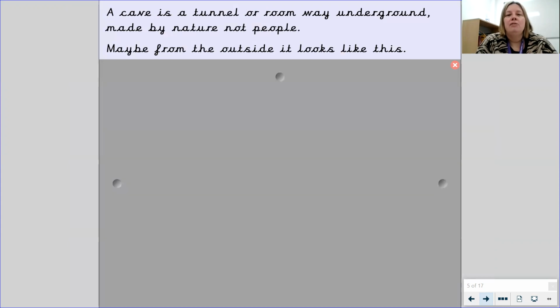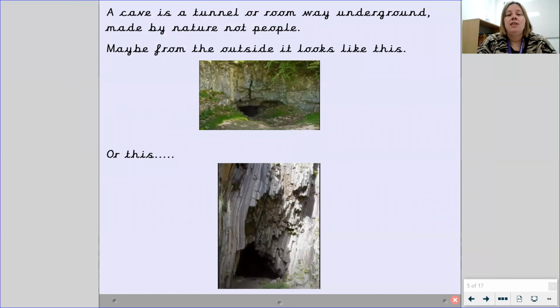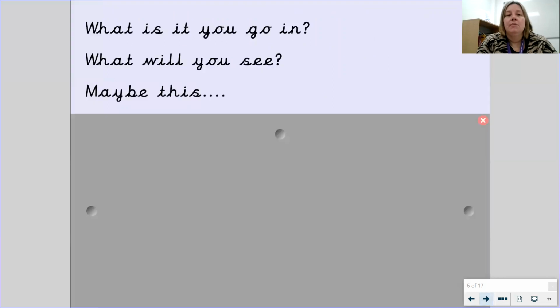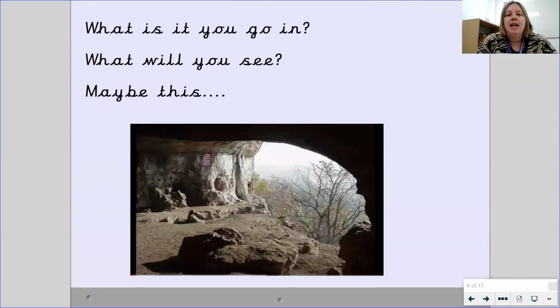A cave is a tunnel or room way underground, made by nature, not people. Maybe from the outside, it looks like this, or this. Look closely at the pictures of the caves and see what you can see. What is it you go in? What will you see? So as you go into the cave, maybe you will see this.